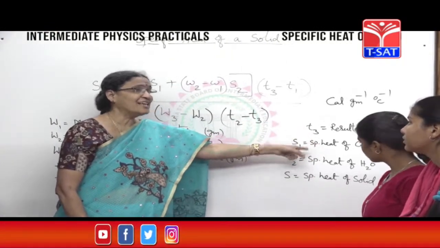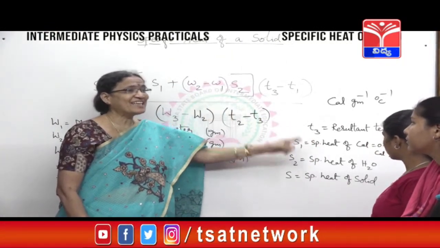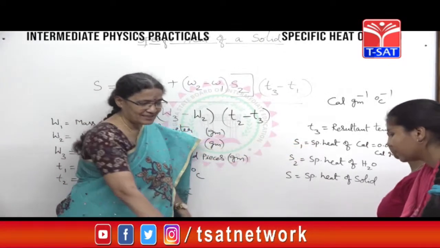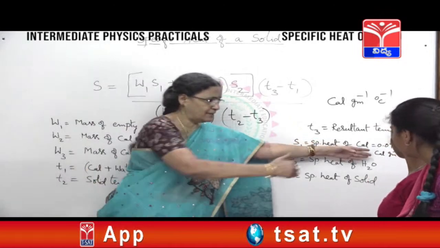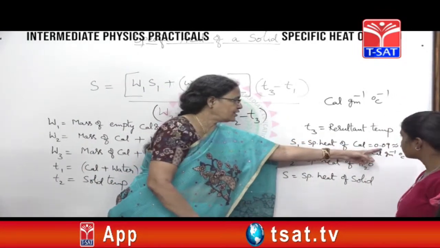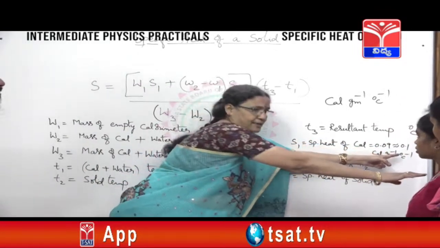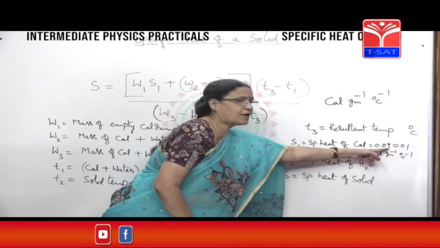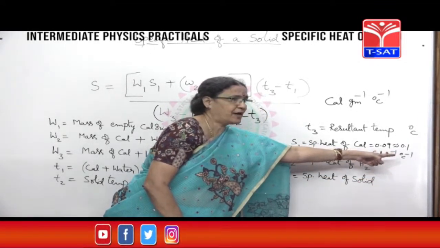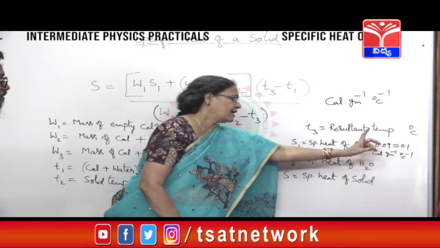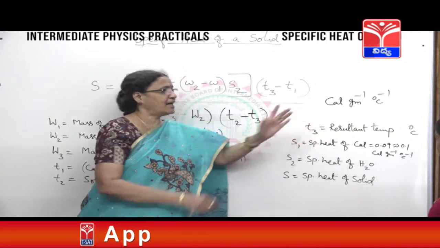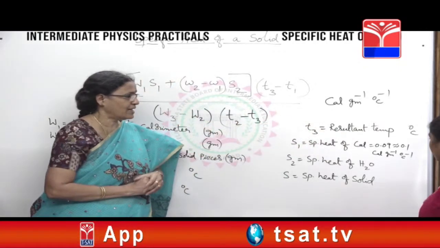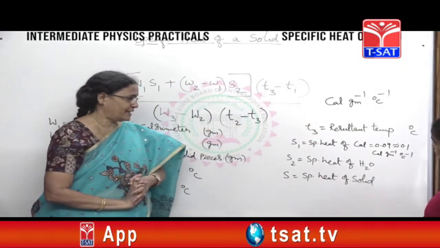Actually, I should write specific heat of the material of the calorimeter. Since the calorimeter is made up of copper, I have written its value 0.09, which is approximately equal to 0.1. And what is its unit? Calories per gram per degree centigrade, that is, cal g^-1 °C^-1.